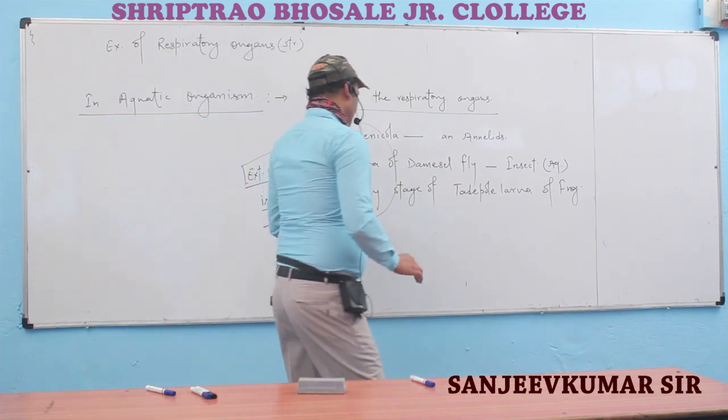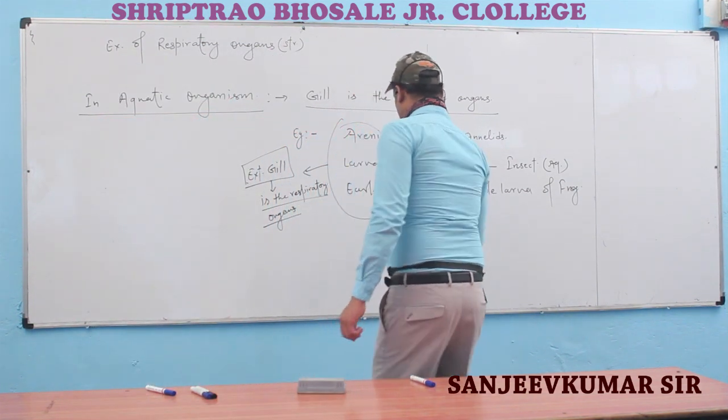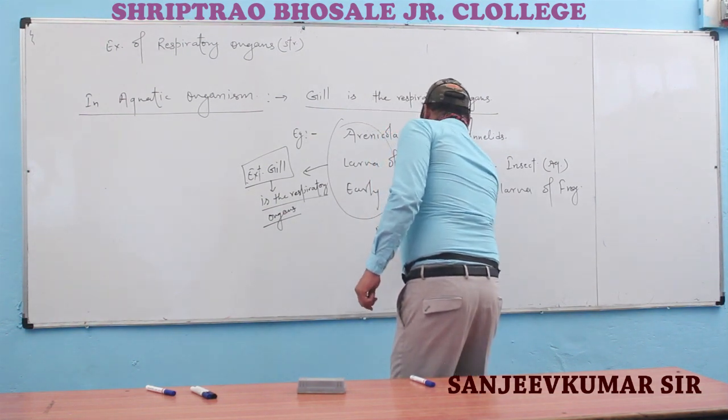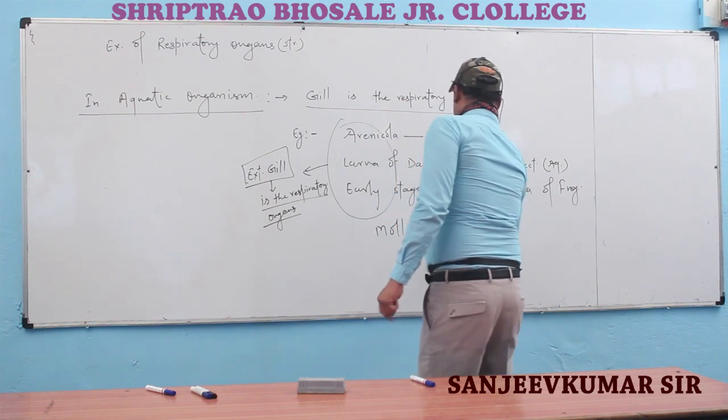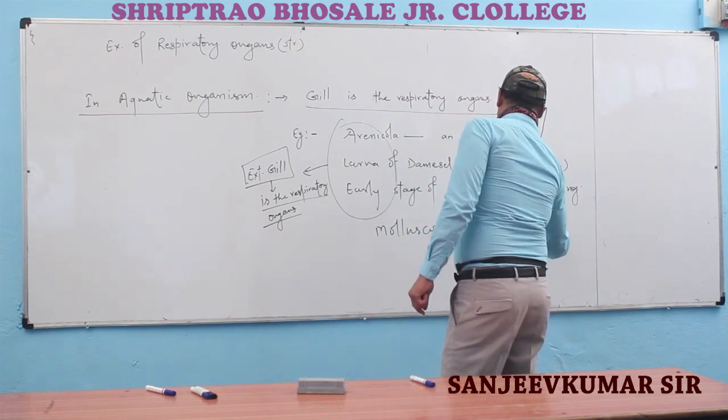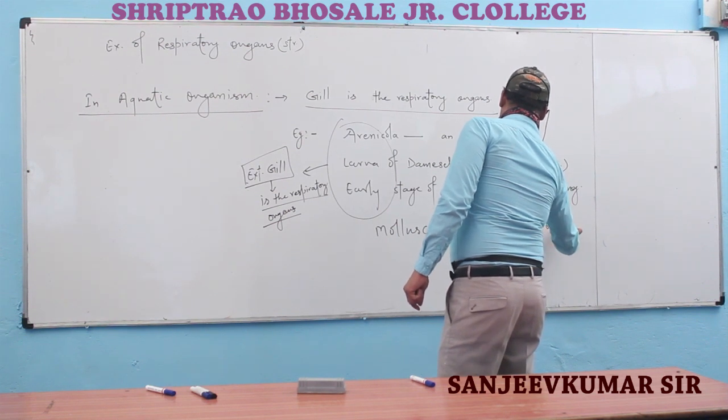Now, apart from these three, some other examples like mollusk, that is aquatic, also have gills.